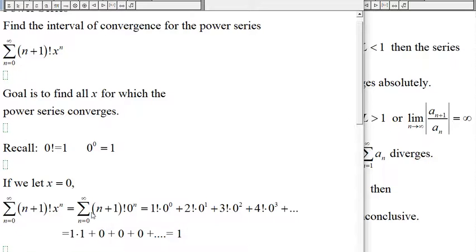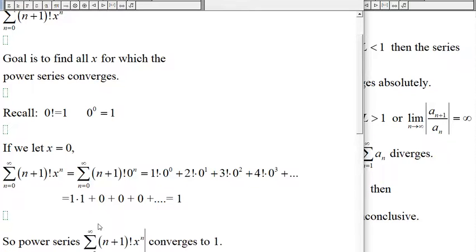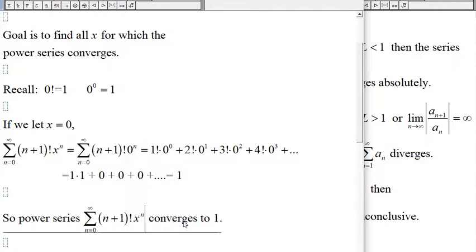So when x is 0, this series is just 1 plus zeros. So we get 1, and this power series converges to 1 when x is 0.